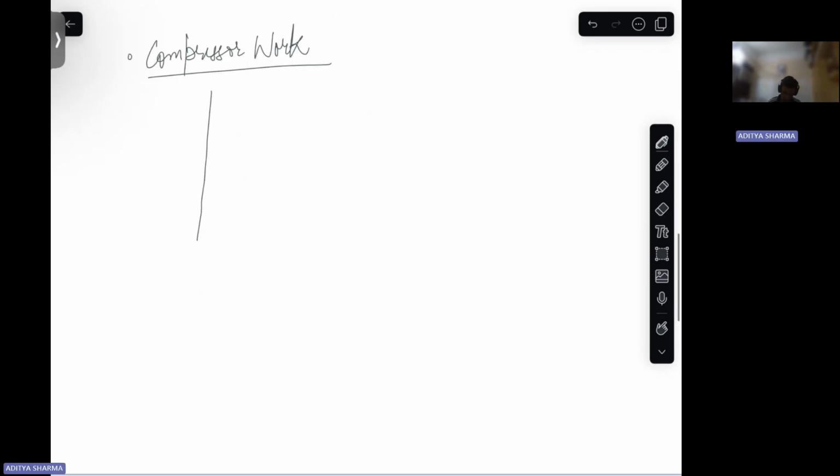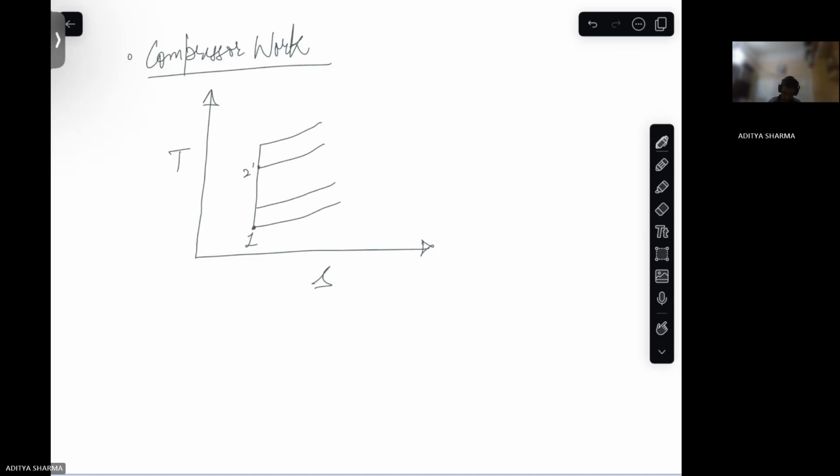So the diagram goes like this. Temperature-entropy, from 1 to 2 dash. One to two is real for static.